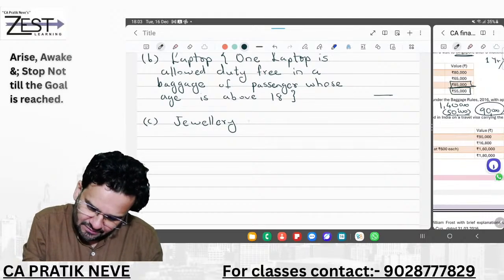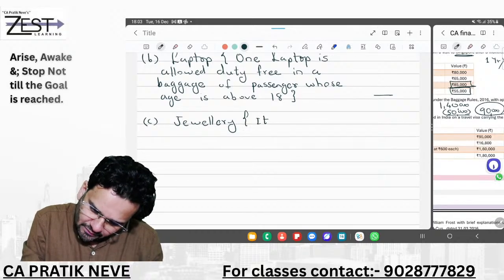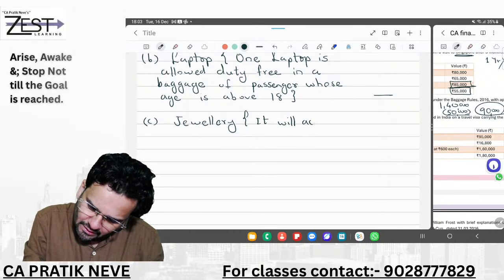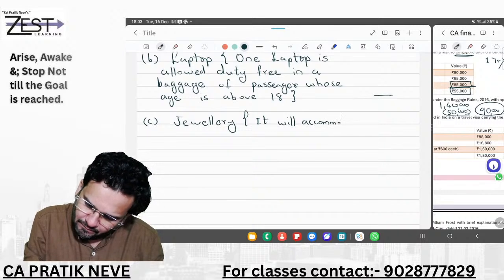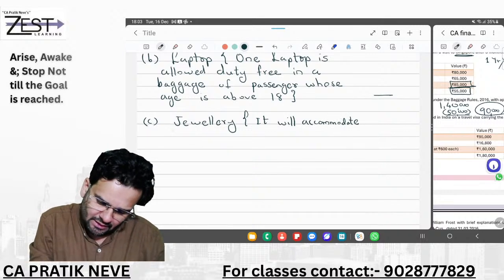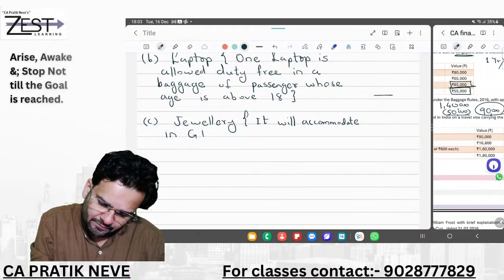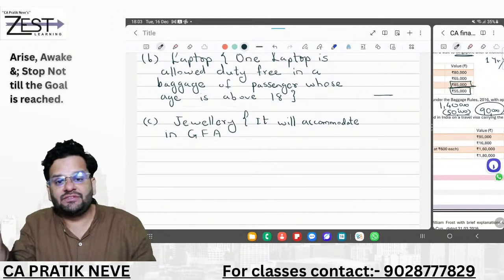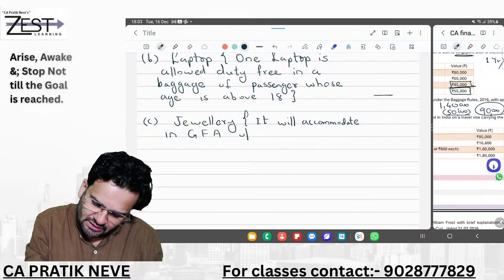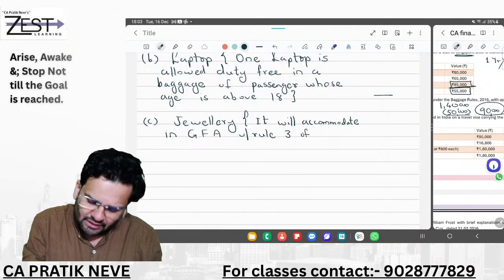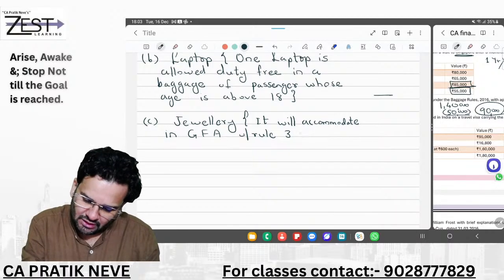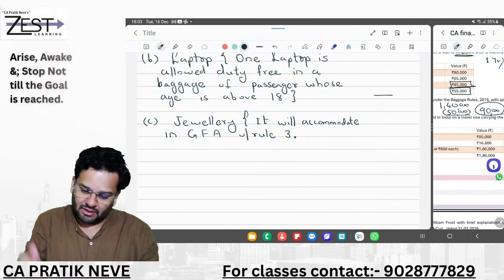So jewelry will be accommodated in GFA, that is general free allowance, under rule 3 of Baggage Rules, under rule 3, full stop, continue.